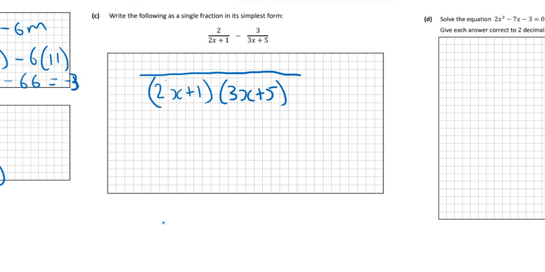So 2x plus 1 goes into all of this 3x plus 5 times. So I'm going to multiply the 2 on top by 3x plus 5. And then I'm going to divide the 3x plus 5 into the bottom again, my new denominator. So that would go 2x plus 1 times. So it's going to be minus 3 times 2x plus 1.